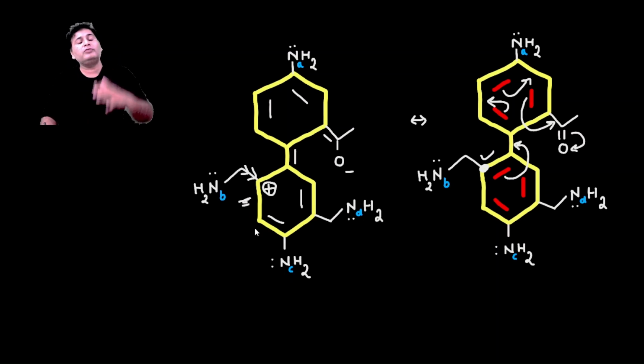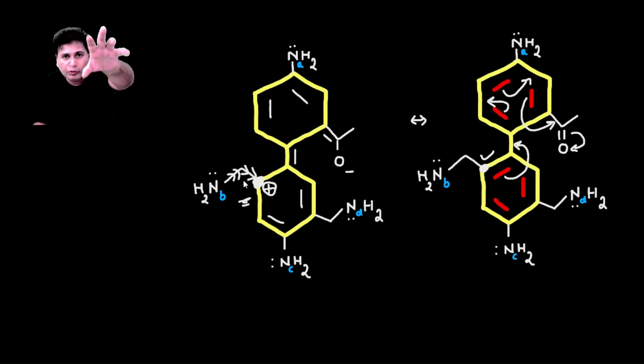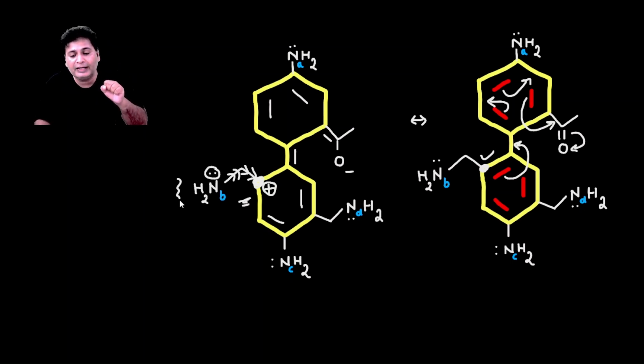So because of the C double bond O, a conjugation is there, and that conjugation brings a plus charge right at this carbon. Because of this plus charge, the electrons will be pulled through the sigma bonds toward this carbon bearing plus charge, and the electron availability on B will get reduced because of the pulling power of the plus charge.